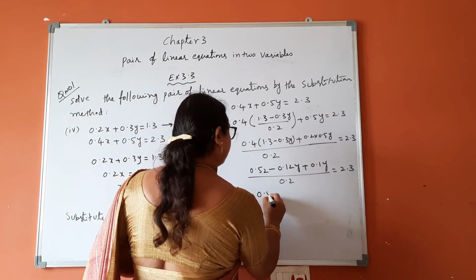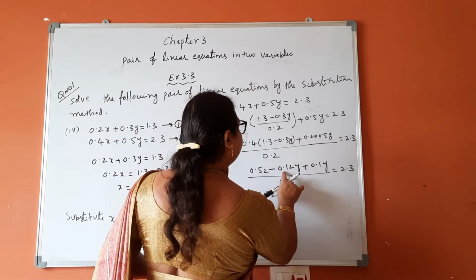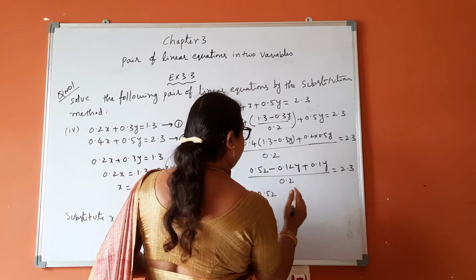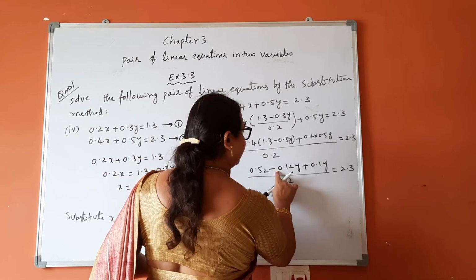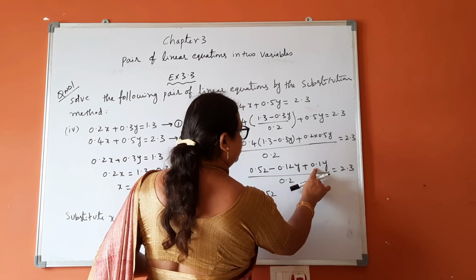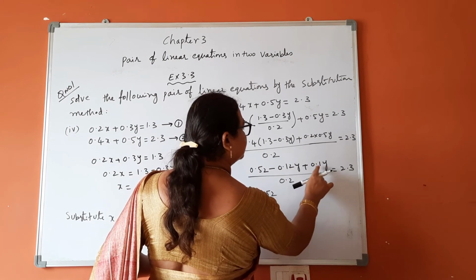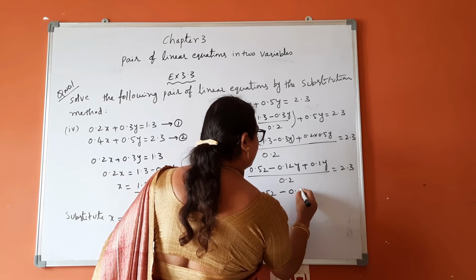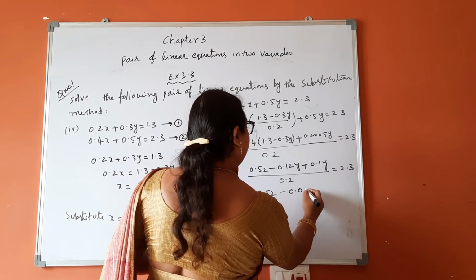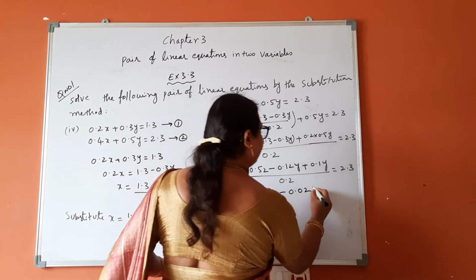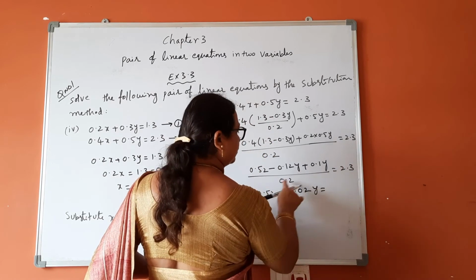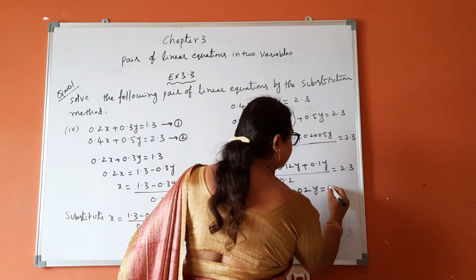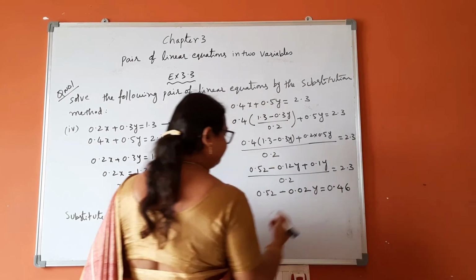Here 0.52 minus 0.12y plus 0.1y. One is negative, one is positive. So minus 0.12 plus 0.1 is minus 0.02y. This is equal to, if you cross multiply, 23 2s are 46. Here 2 decimal places, 0.46.